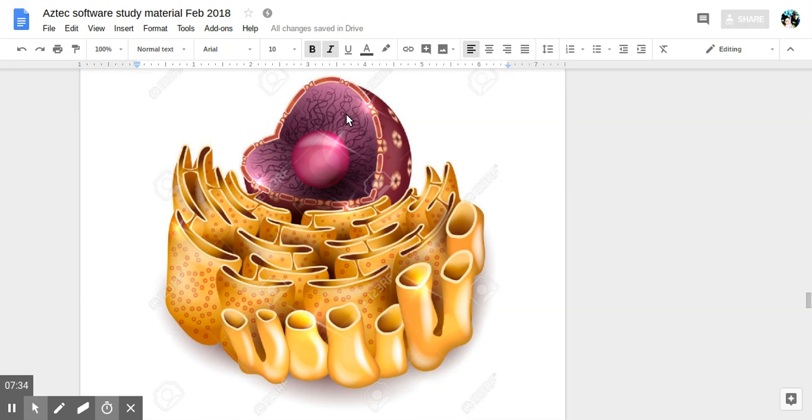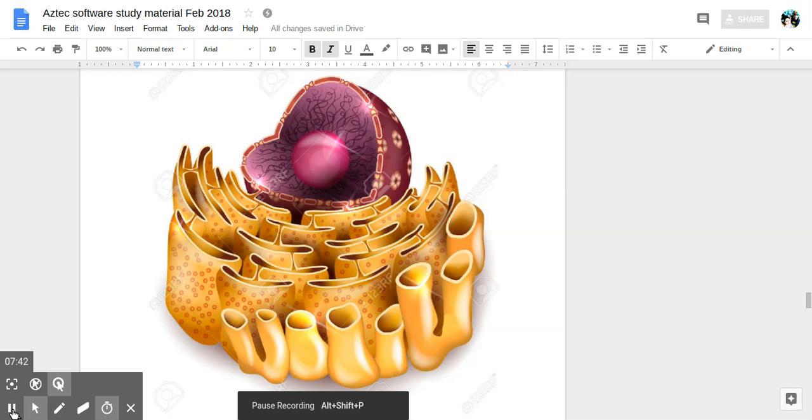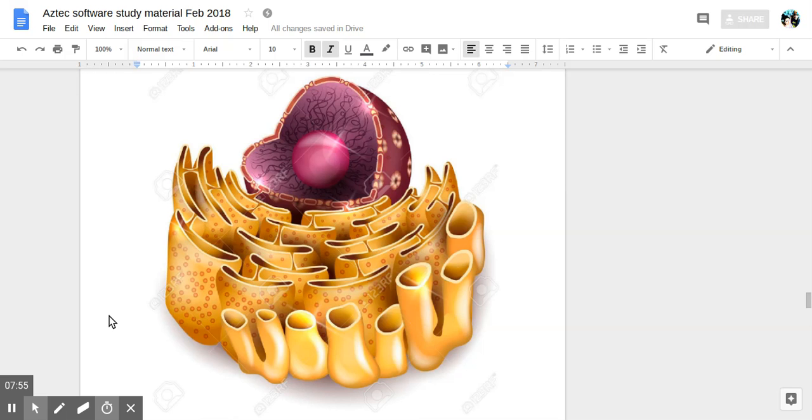So this is the system whereby the genes are turned into proteins, which is very important for determining the structure and the function of organisms, whereby different genes encode different kinds of proteins.